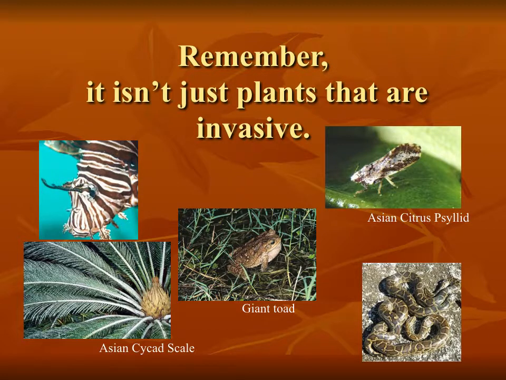Asian cycad scale, obviously it's from Asia, attacks our sago, parenthetically palm, trees and usually causes them to die from the heavy feeding. You can see how white those leaves are. Those are tens of thousands of scale insects sucking out the life juices that the plant is producing and needing to grow. We also have invasive exotic animals on the land.